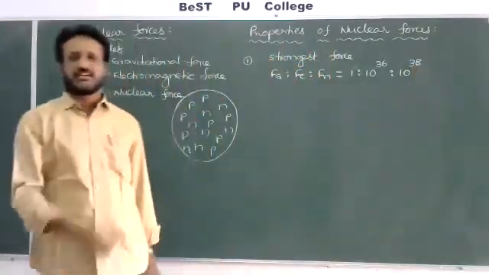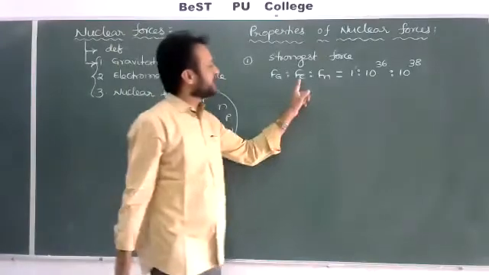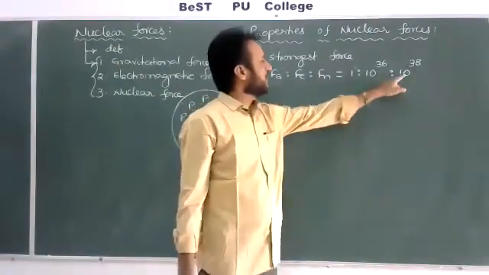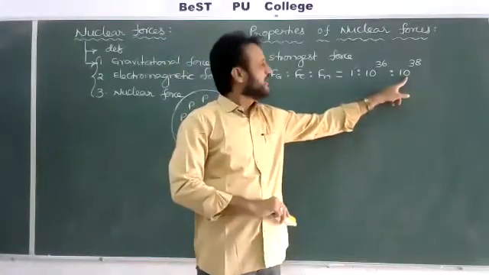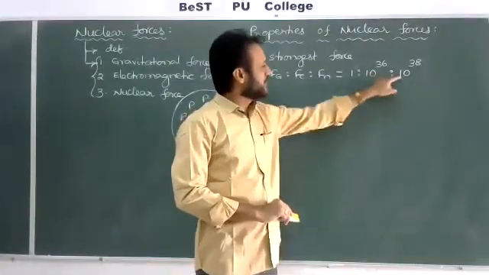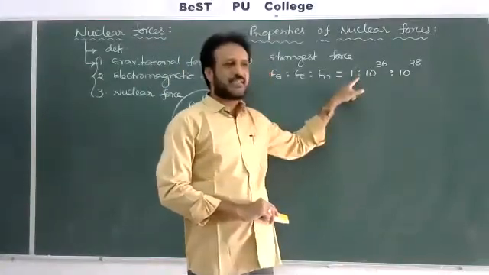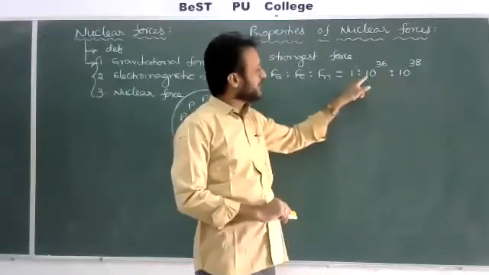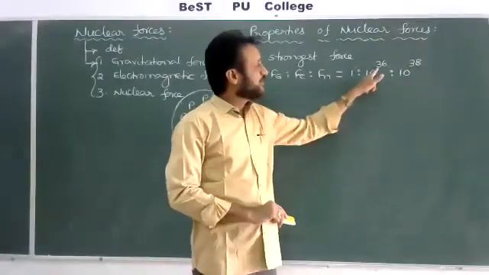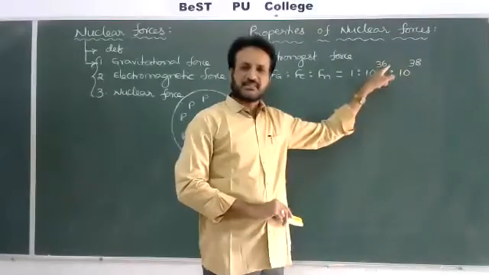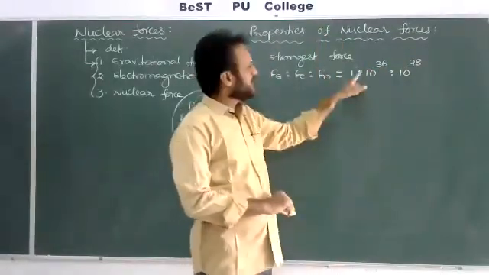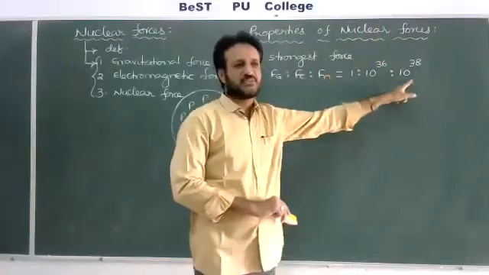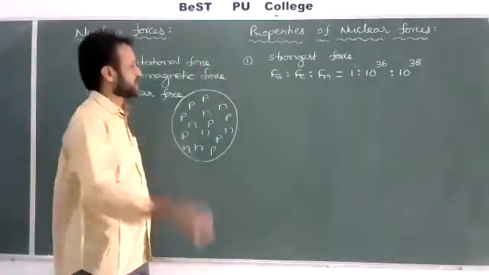Compared to gravitational, it is 10 to the power of 38 times stronger. Compared to electromagnetic, it is not 2 times; the difference between 10 to the power of 36 and 10 to the power of 38 is 10 squared, which means 100. So compared to electromagnetic, it is 100 times stronger. So it is the strongest force.